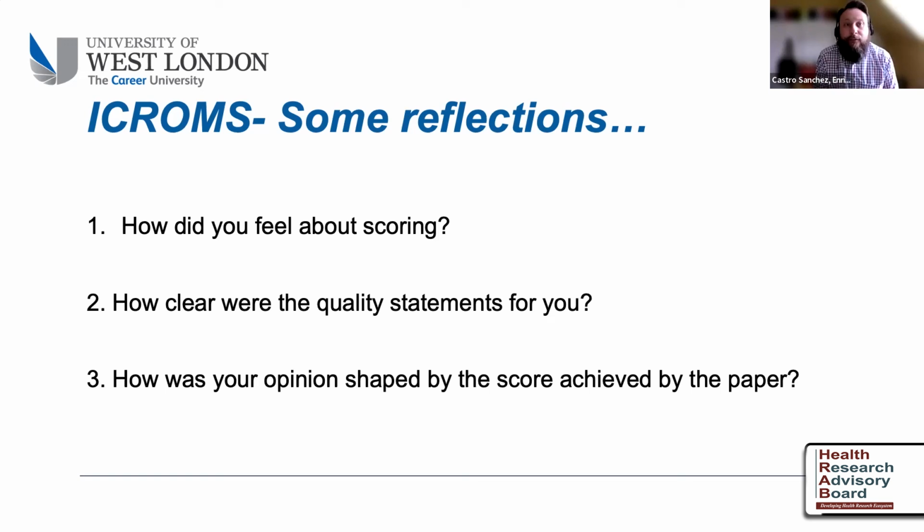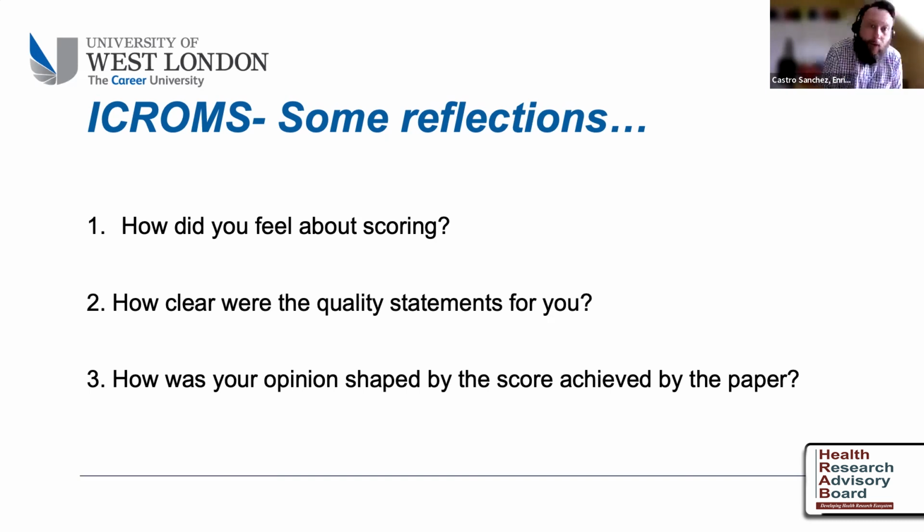And that's one main difference with other quality appraisal tools. No other quality appraisal tool excludes papers based on their quality. They say all papers are included and their evidence is considered in the light of the limitations.